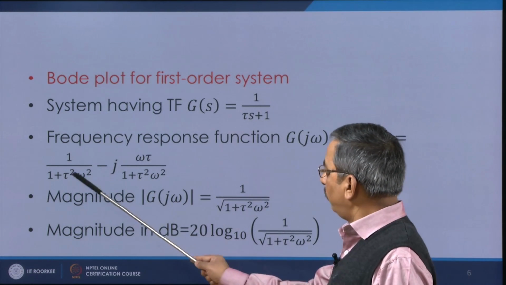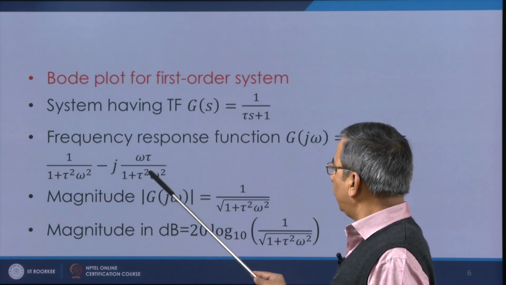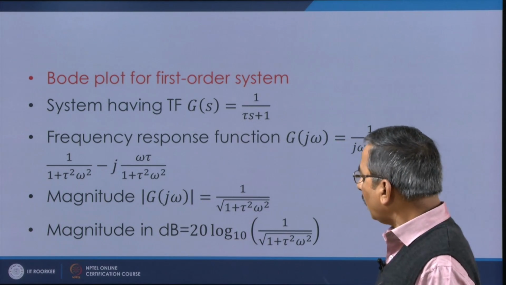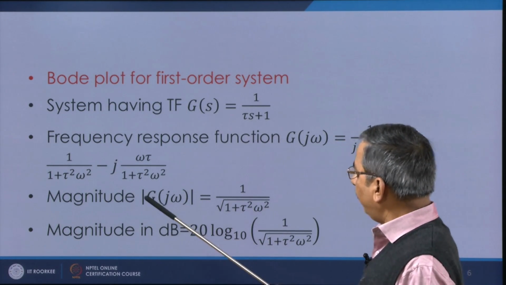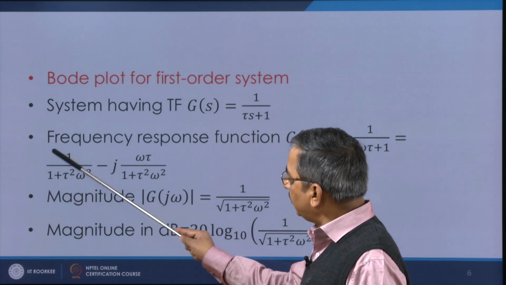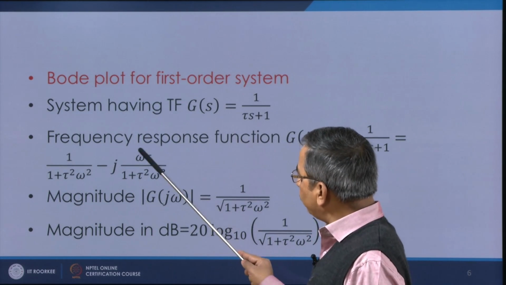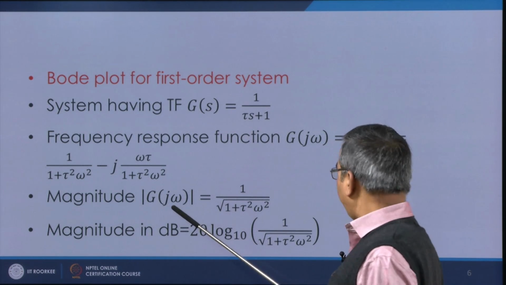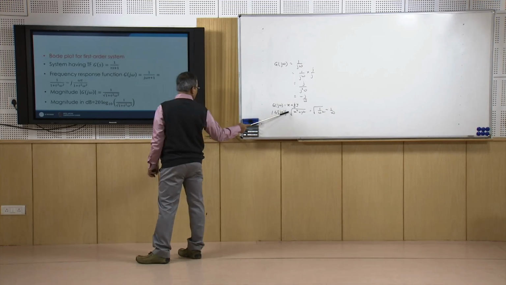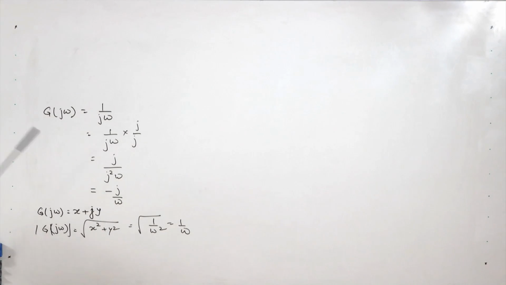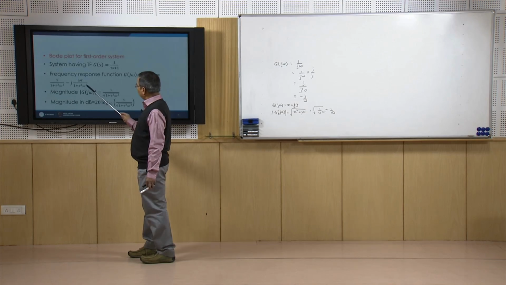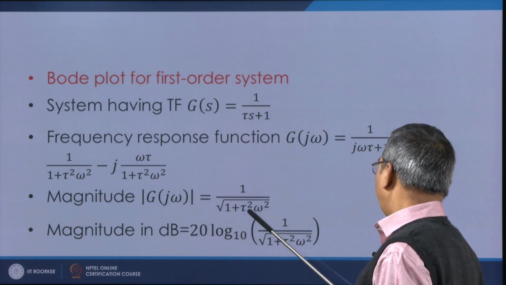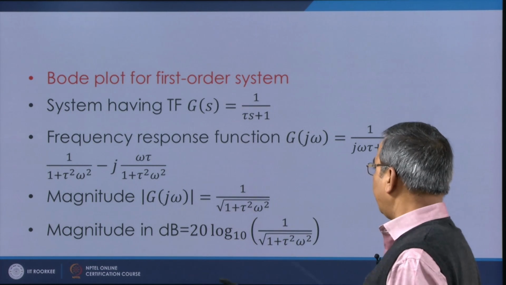Okay. So, this portion is actually the x component and this portion is the y component. So, I can find the magnitude, which is under root x square plus y square, and if I do that, this is what I get: 1 by under root 1 plus tau square omega square.